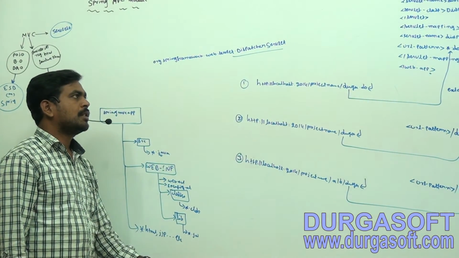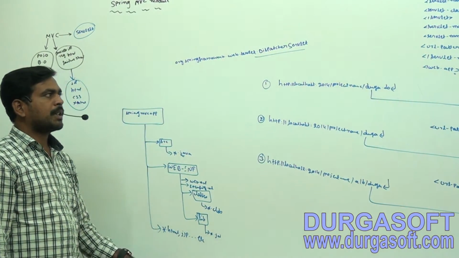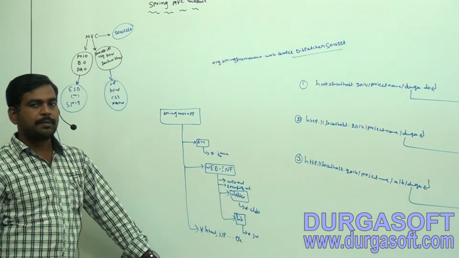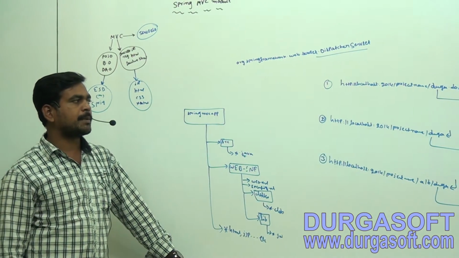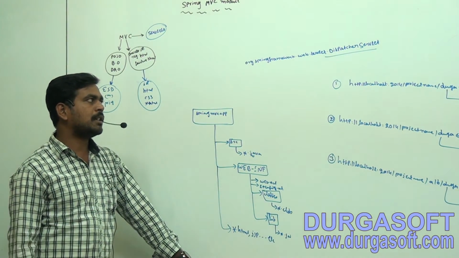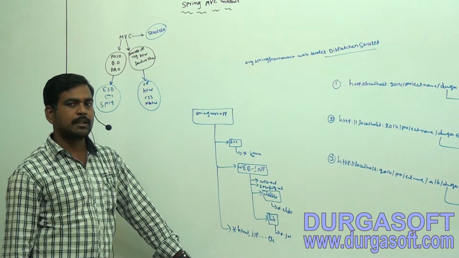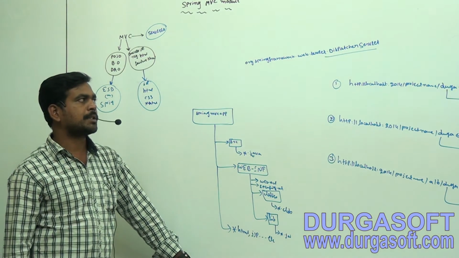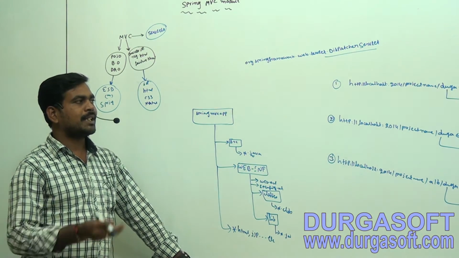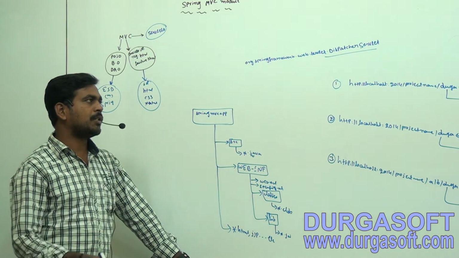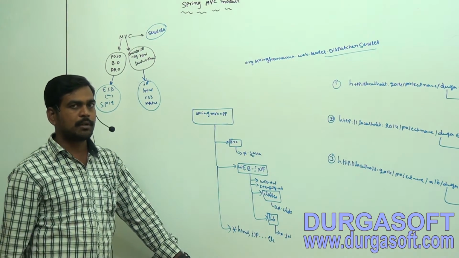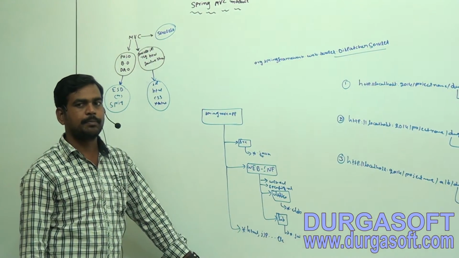Okay, fine. Now as part of the Spring framework, we are going to develop some business components. After developing the business components, we can configure all of them inside the Spring configuration file. In standalone applications we load that configuration file manually by using Resource res = new ClassPathResource, like that.